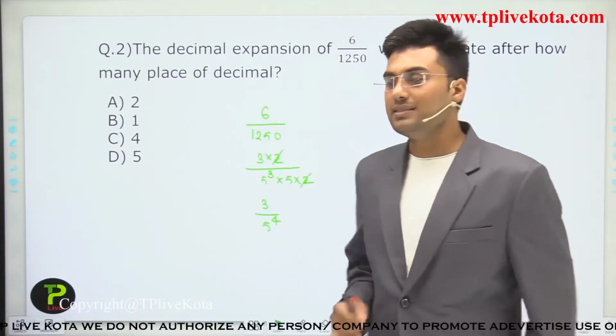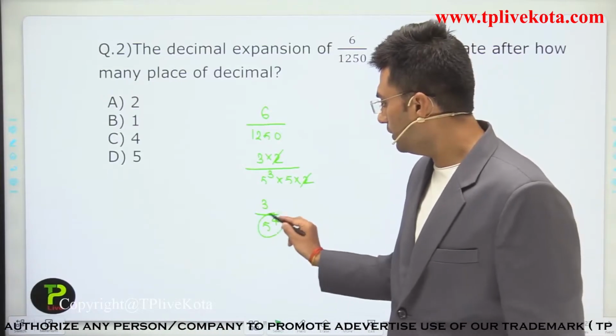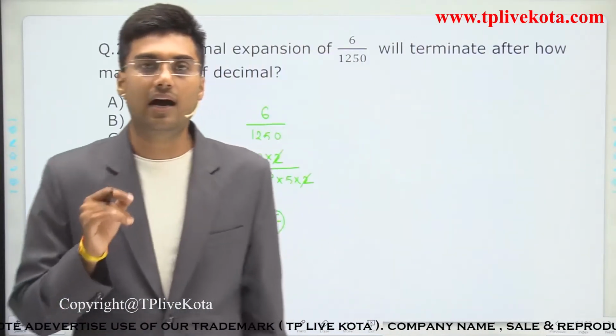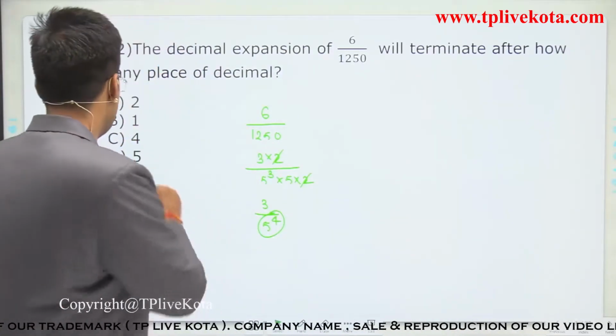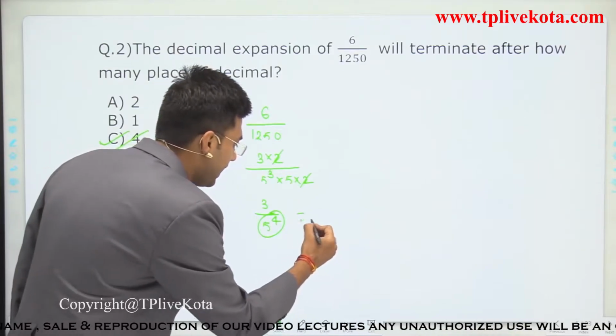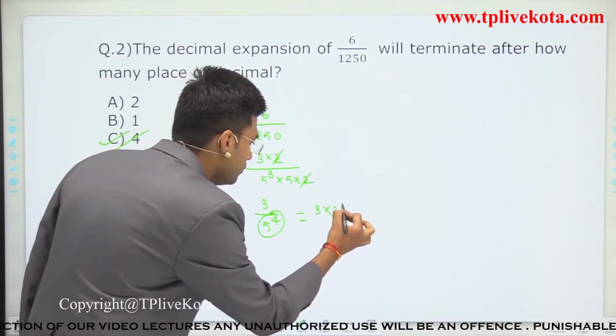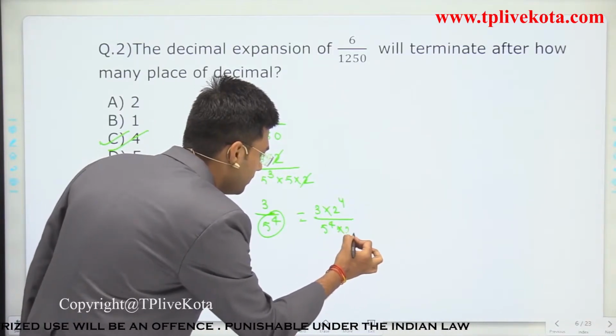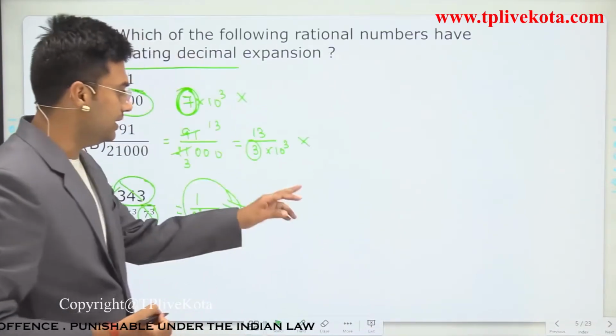And dear students, if we have 5 power 4 in the denominator, then we can say that this terminates after the 4 decimals, because we can write it as 3 multiplied by 2 power 4 over 5 power 4 multiplied by 2 power 4.